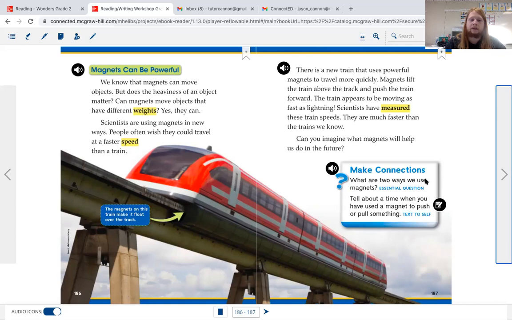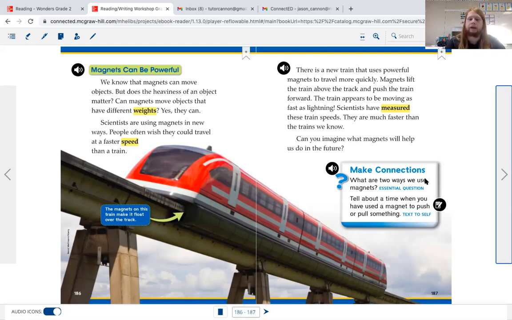We know that magnets can move objects, but does the heaviness of an object matter? Can magnets move objects that have different weights? Yes, they can. Scientists are using magnets in new ways. People often wish they can travel at a faster speed than a train. So think about it. Weight is how heavy something is, and speed is how much distance something is covering.